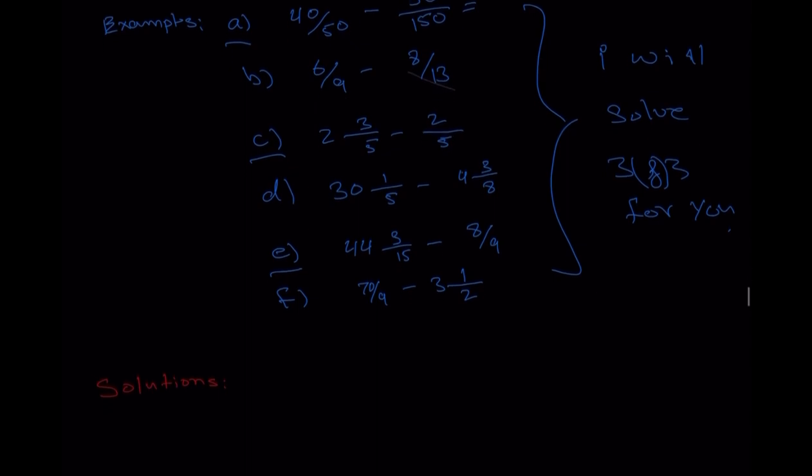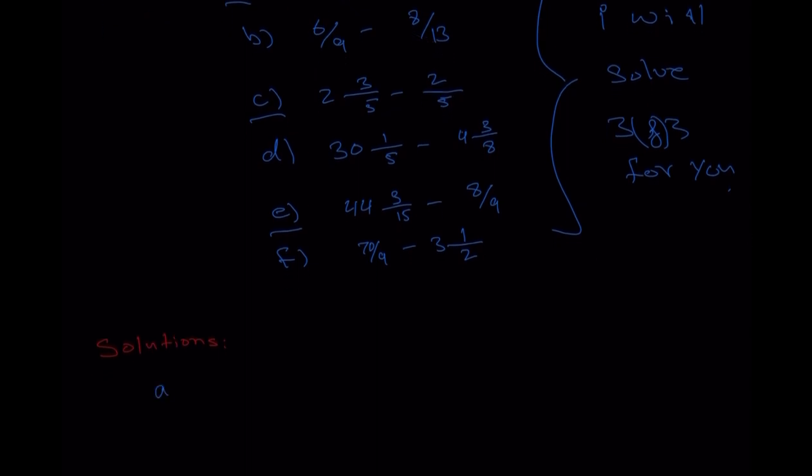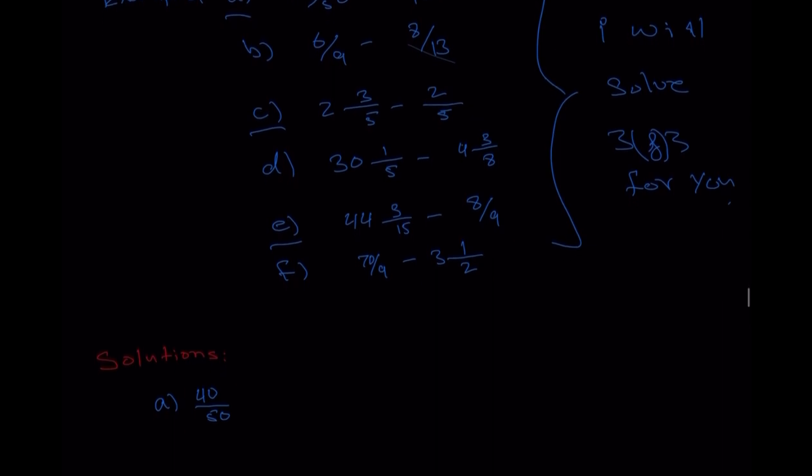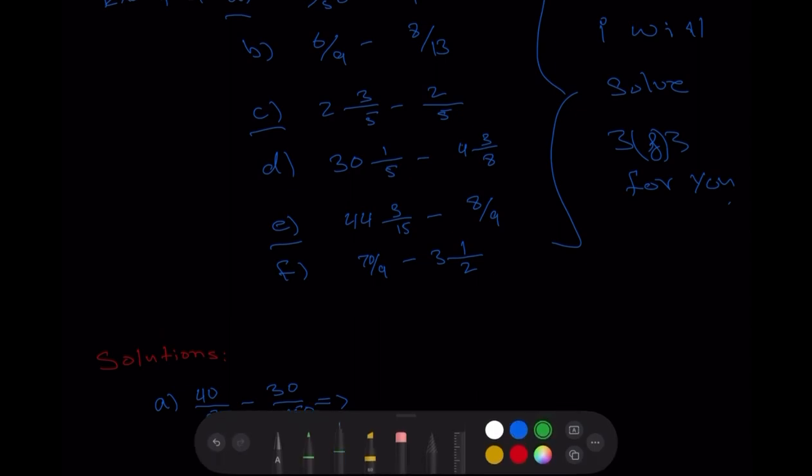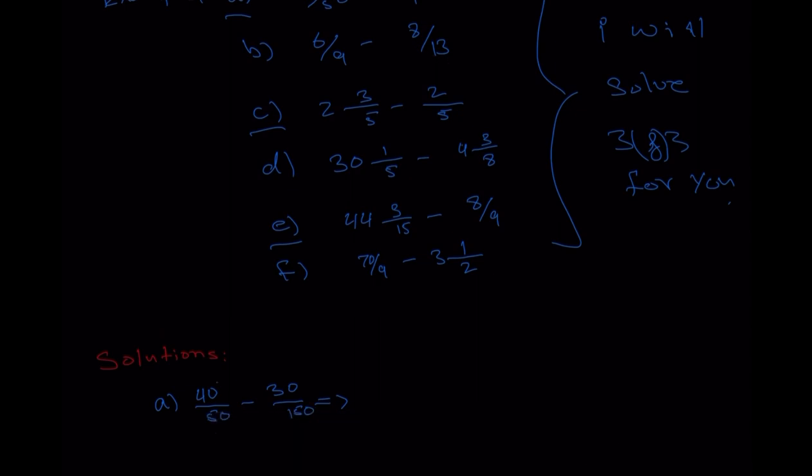A is 40 over 50 minus 30 over 150. The first thing we do, we will simplify if we can. We will get rid of the same stuff that we have in the numerator and denominator.